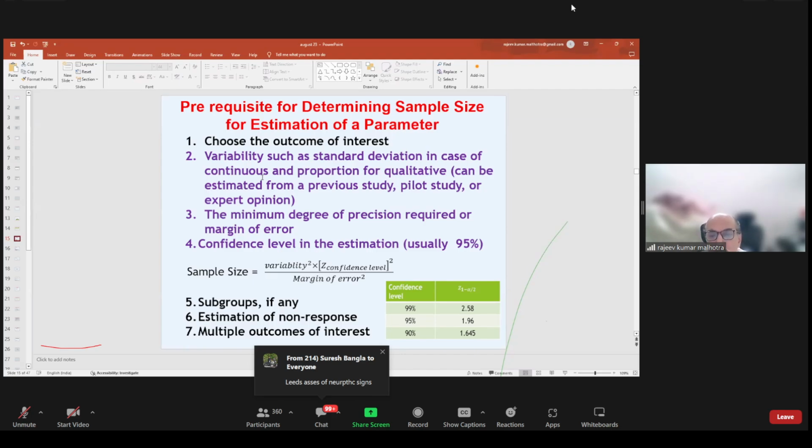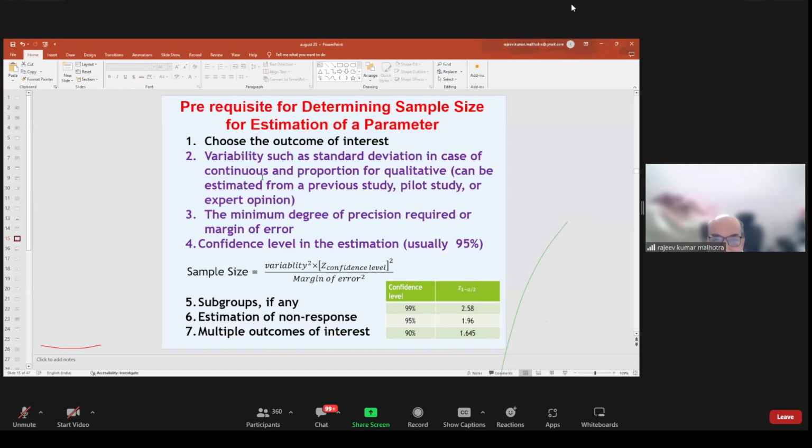This can be obtained from a previous study. If you don't have one, you can take expert opinion, or if you are able, do a pilot study to find out the variability.